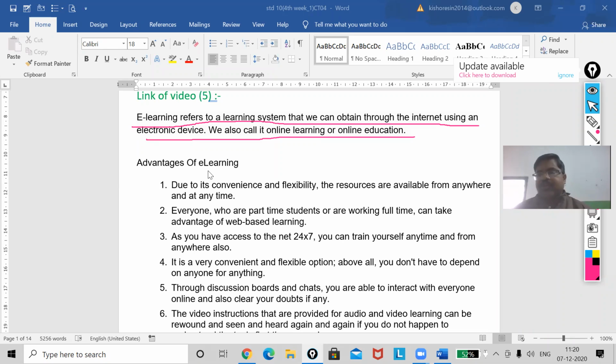Like you also, if I am in touch with a website and that website contains some materials, has the MCQ questions, has online courses, online examination, then all this part will come under e-learning.